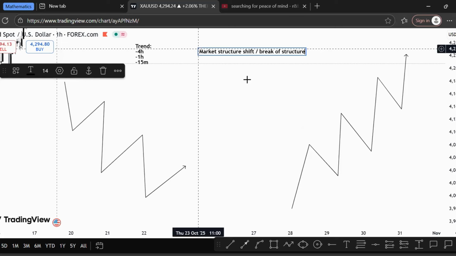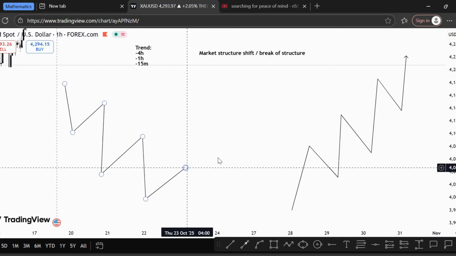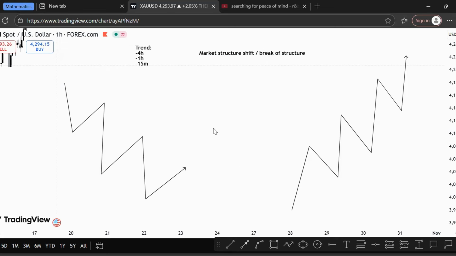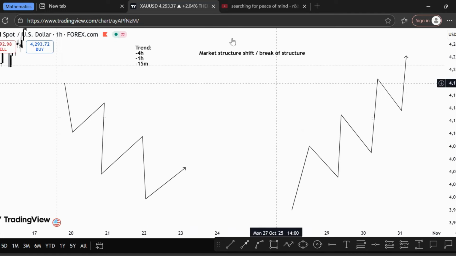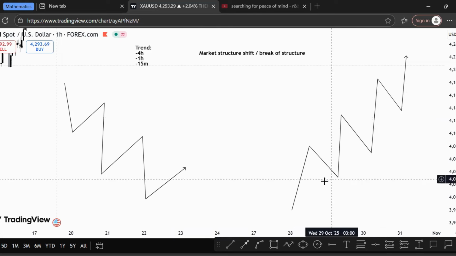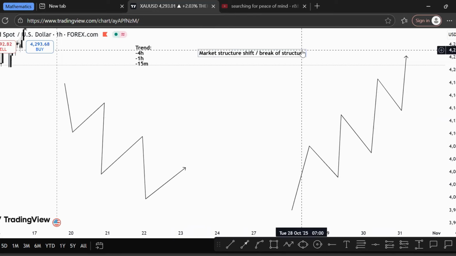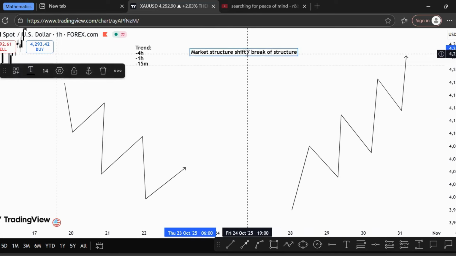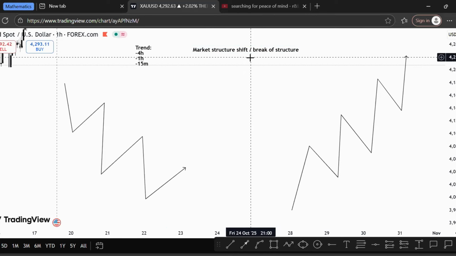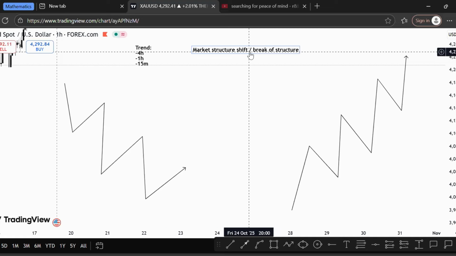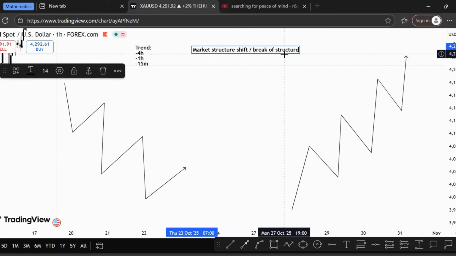What do I mean by a market structure shift or a break of structure? The minute I find the trend, I look for a market structure shift or a break of structure because, why? In ICC, these two are responsible for indication, right?